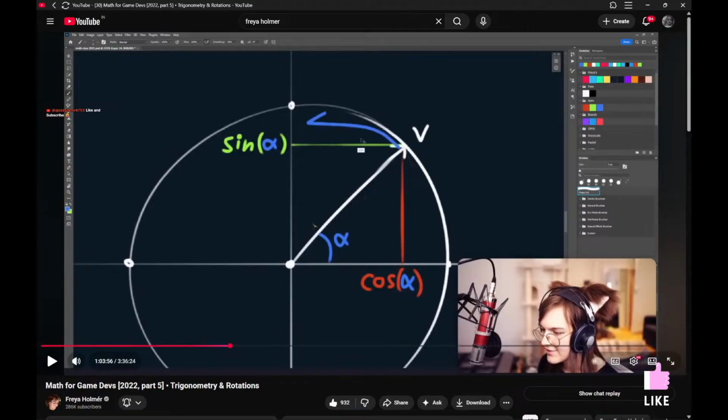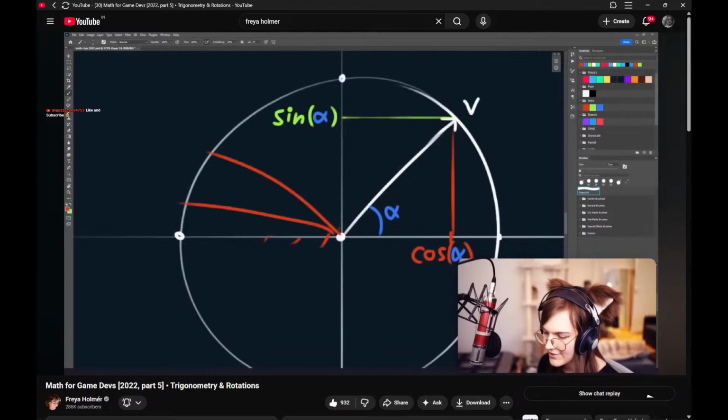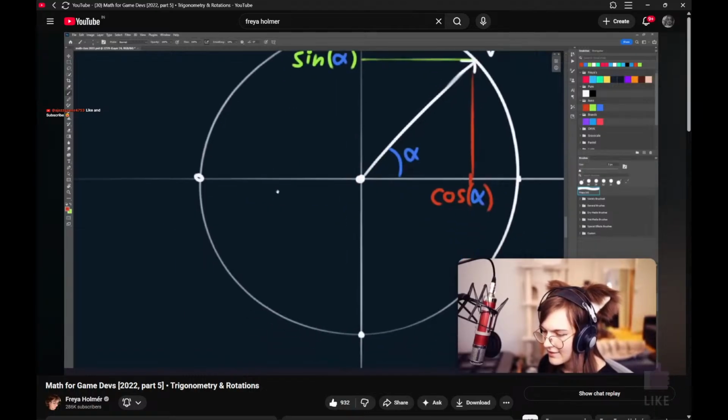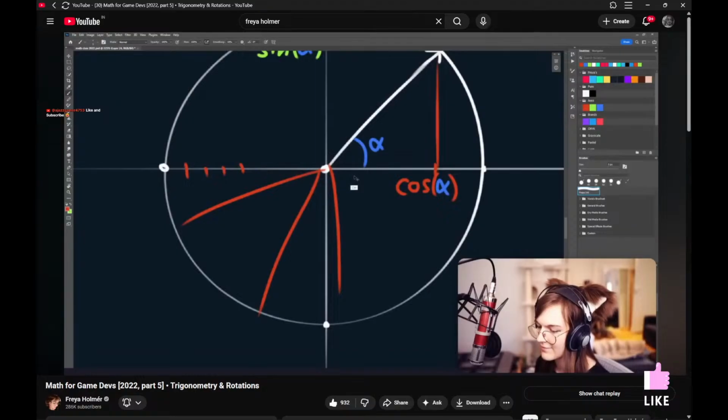As you traverse the circle, the cosine is going to decrease and the sine will increase. Then as you come around to this side, the cosine is going to increase again because now the x-coordinate is moving to the right.